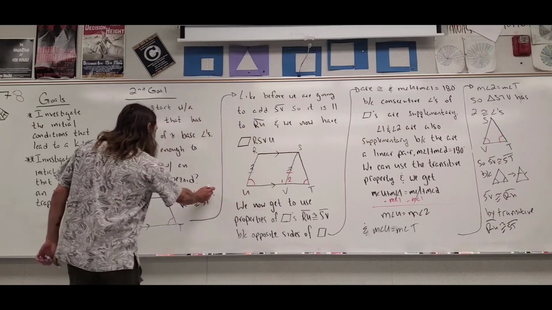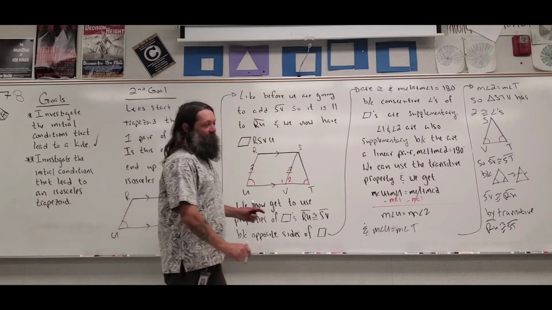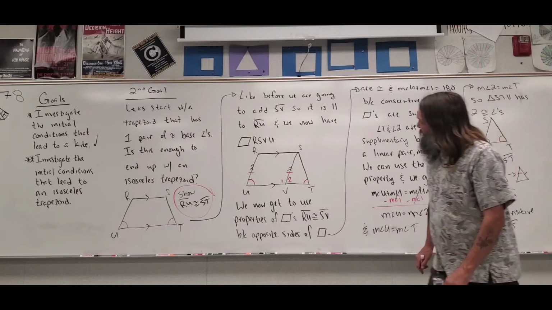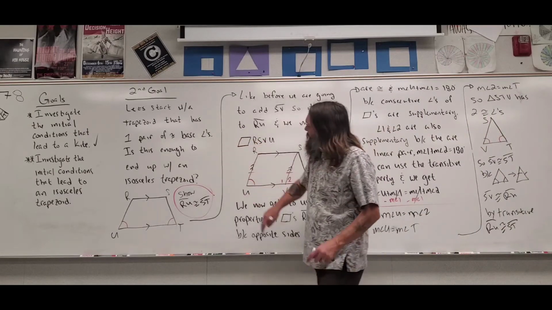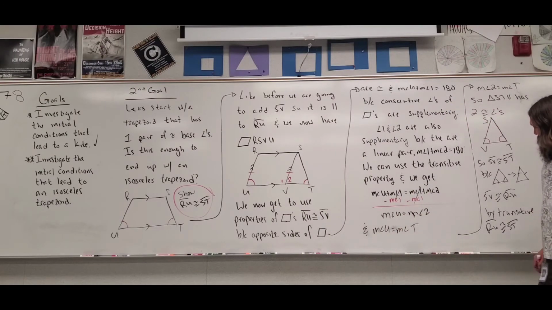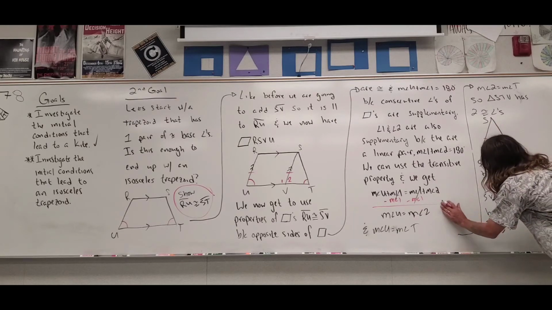I got to that, but again, it was a very clever argument. This is a good enough initial condition. We only need one pair, but this is a good enough initial condition to make an isosceles trapezoid. So this gives us isosceles trapezoids.